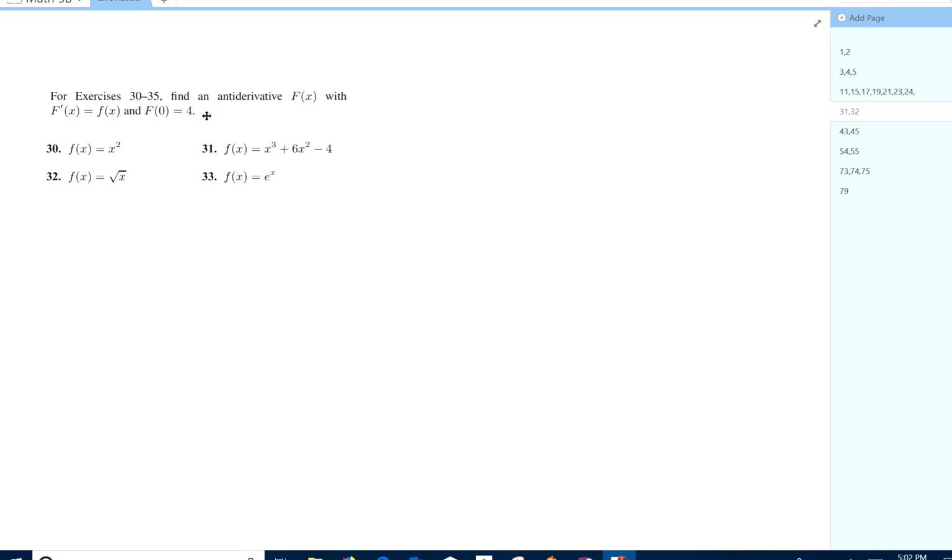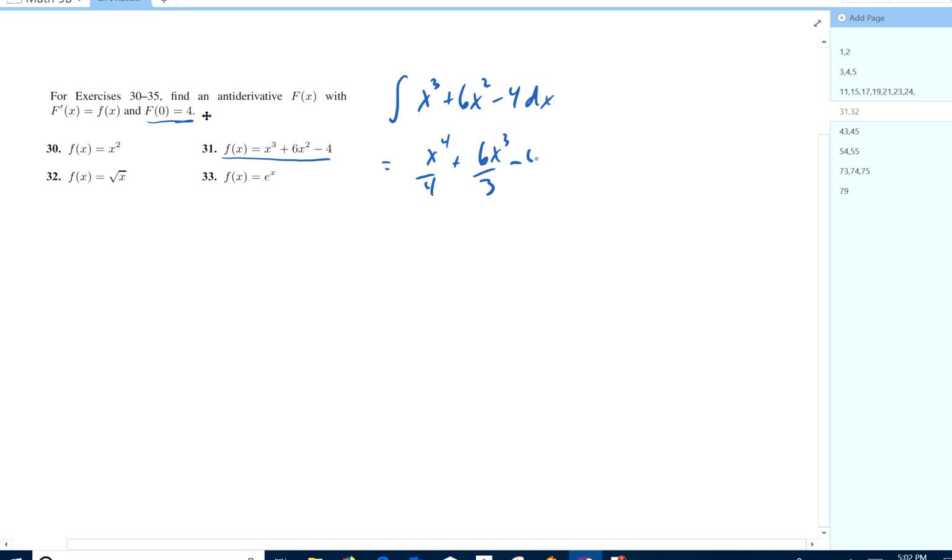Okay, we want to find the antiderivative of this with this property. So the antiderivative of x cubed plus 6x squared minus 4 is x to the fourth over 4 plus 6x cubed over 3 minus 4x plus a constant.